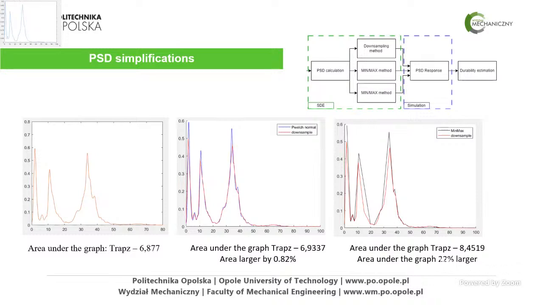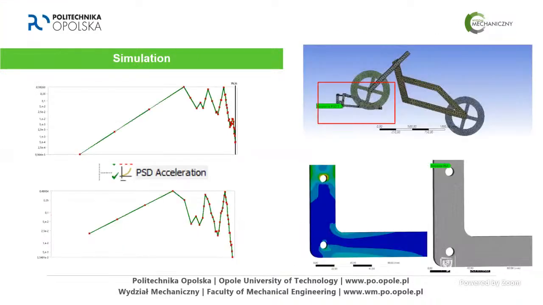The first graph is from the normal Welch method. We made the PSD, and the area under the graph is 6.8. With the downsample method, the area is larger by 0.8%. And with the min and maximum method, we have a 22% larger area under the graph.